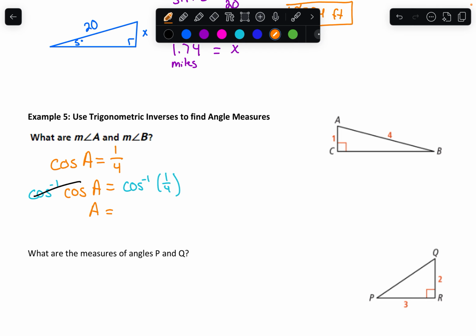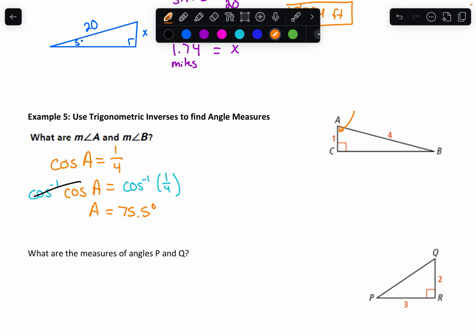Lucky for us, the calculator knows. So all I need to do is go to my calculator and type in the inverse cosine of 1/4. And it tells me that A is equal to 75.5. I remind myself what A was. A was an angle. So A is 75.5 degrees.